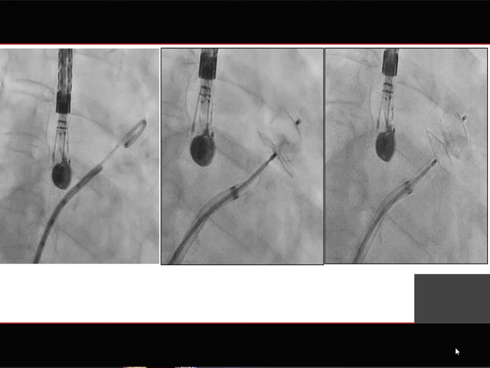Lariat is an external occluder. It is totally different from a device, not actually like an umbrella device. What are the two umbrella devices? Watchman and Amplatz plug occluder.